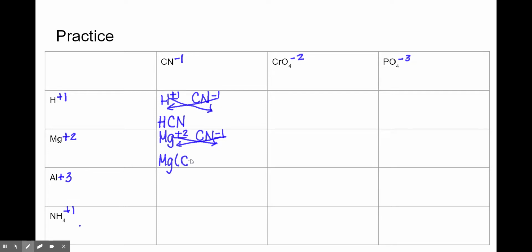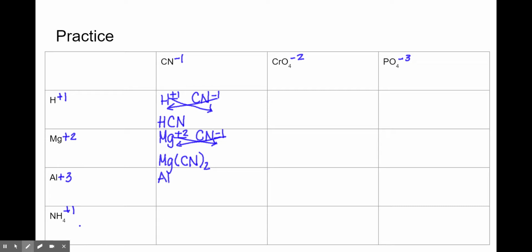So I write parentheses, then my cyanide, and then my 2. Because I have 2 of the entire cyanide polyatomic ion, not 2 of just the carbon or nitrogen. That cannot be simplified anymore, so we are done.